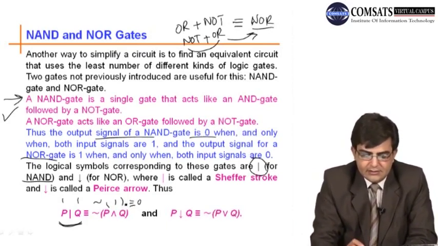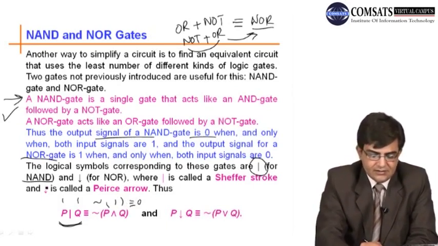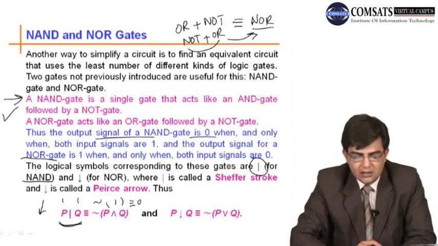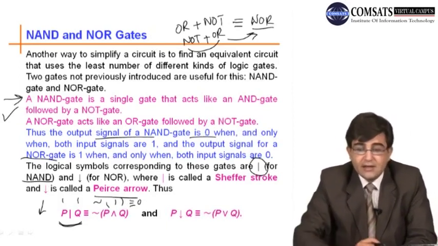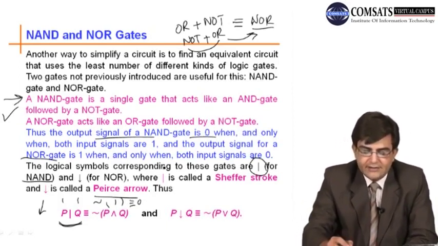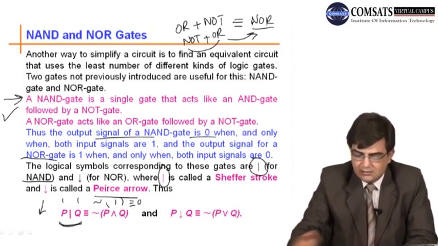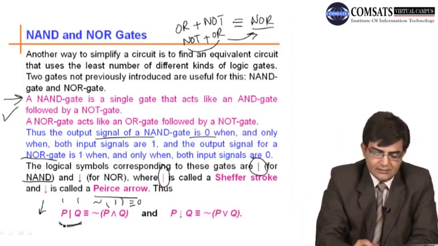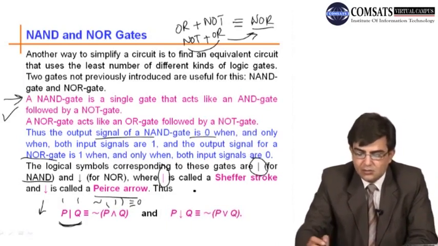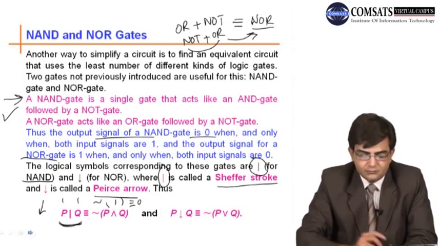Its logical or symbolic representation is basically this, the down arrow, which is called a Pierce arrow, and this vertical bar is called a Sheffer stroke.